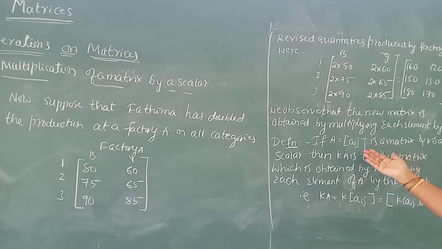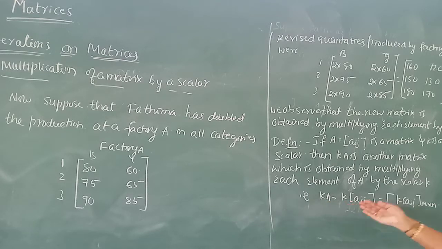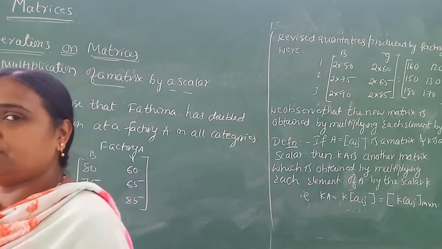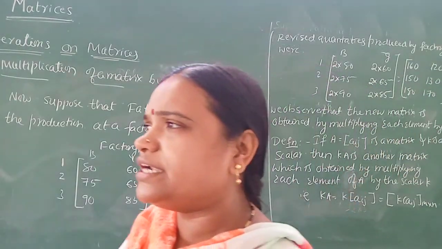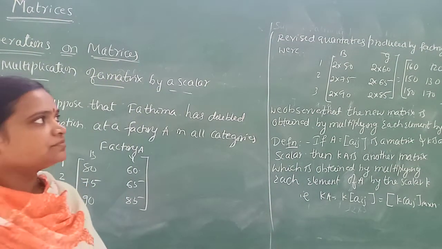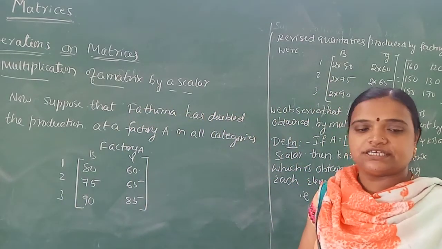If A is a matrix and K is any scalar, then KA is another matrix obtained by multiplying each element of A by K. That is, KA is K into Aij of order M cross N. This is multiplication of a matrix by a scalar.